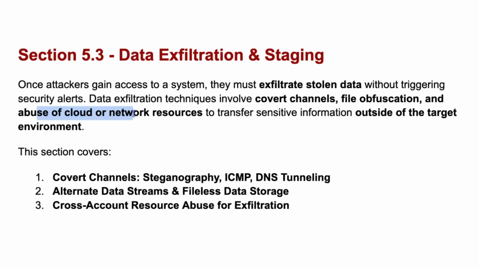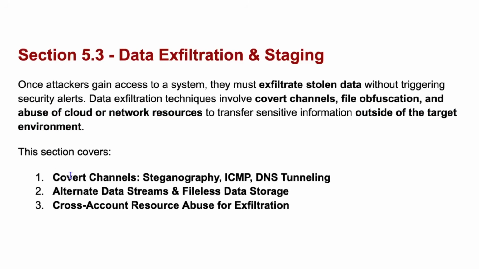And then the abuse of cloud or network resources. It could be something like Google Drive, a cloud or network resource that you've transferred the data to, and then you transfer the data out of Google Drive to your own computer or to your own server. You would do this to transfer sensitive information outside of the target environment.